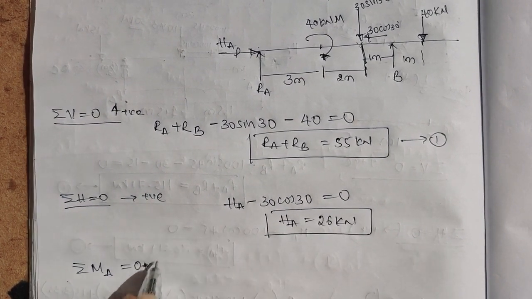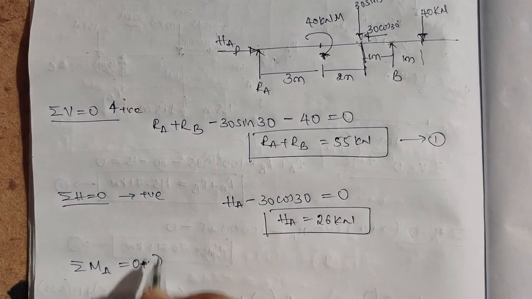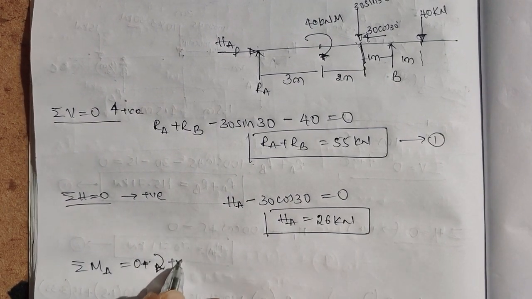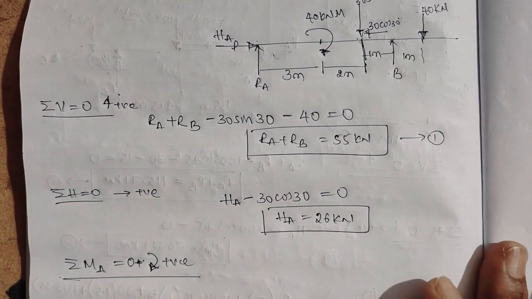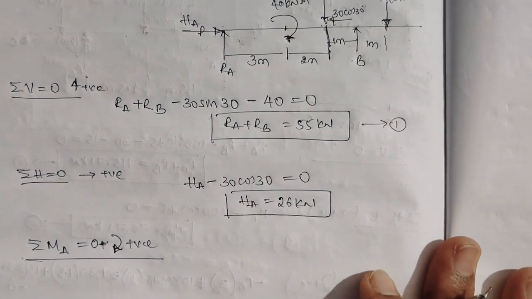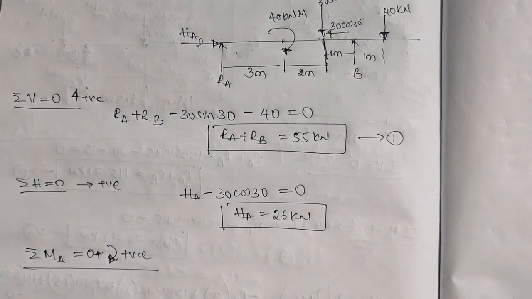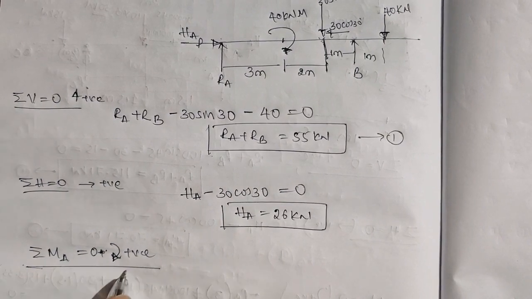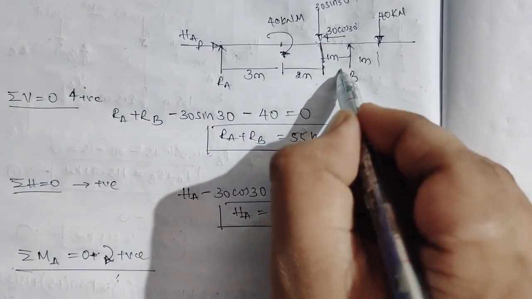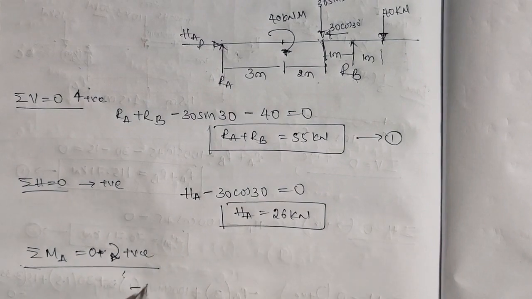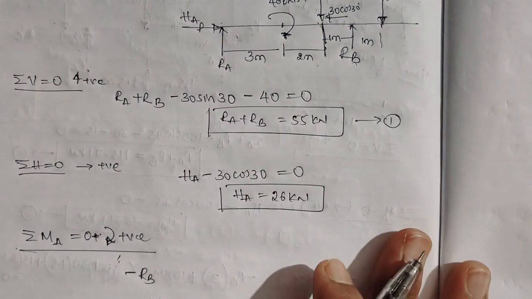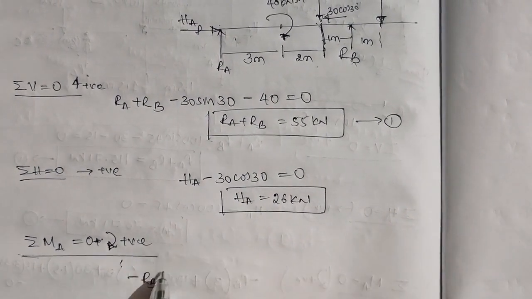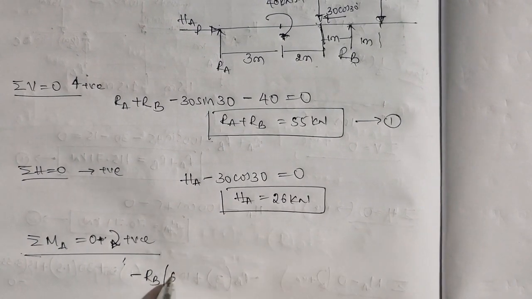Summation of moments equal to 0, taking clockwise as positive. See here what I do. First you do as you did in the earlier problems, that is moment about A, take RB, so minus RB into 6.